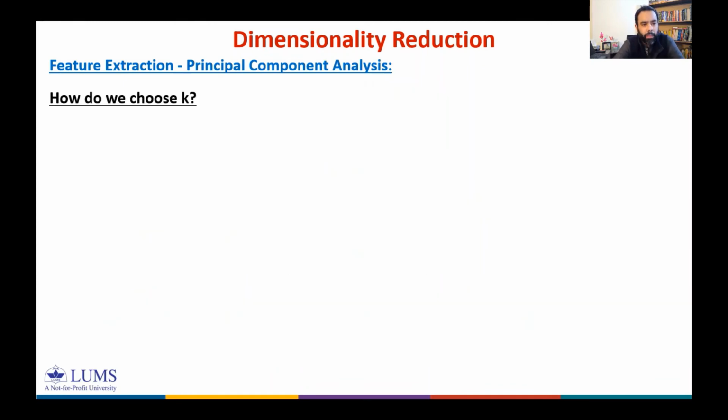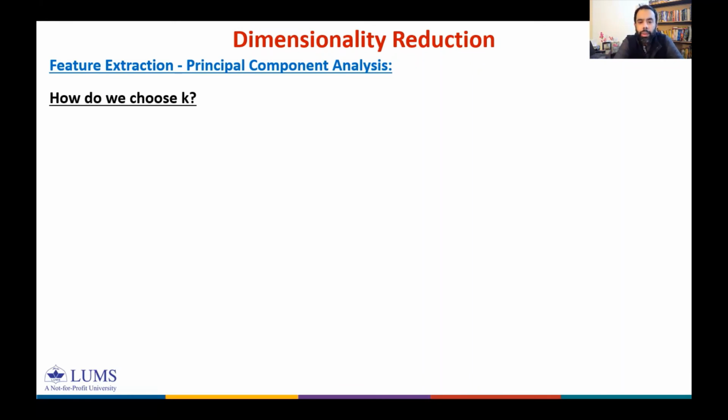Okay, for a given problem, how do we choose K? Obviously, if you choose K equal to D, there is no reduction in dimensionality. If you choose K less than D, you will lose information. And we want to choose K such that dimensionality is reduced and you do not lose much of the information.